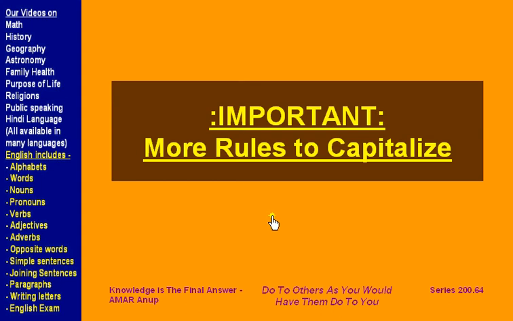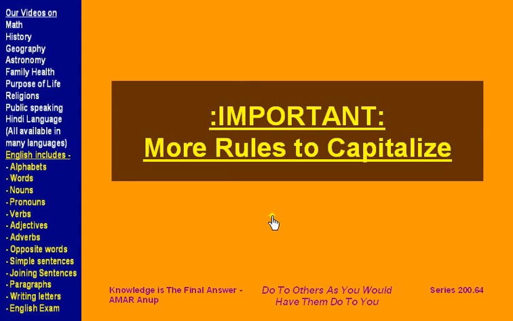Now let's look at some very important other words which are capitalized. To recapitulate, we saw that when somebody is talking about oneself, that I is capitalized, G in God is capitalized. Then we saw the holy texts are capitalized.